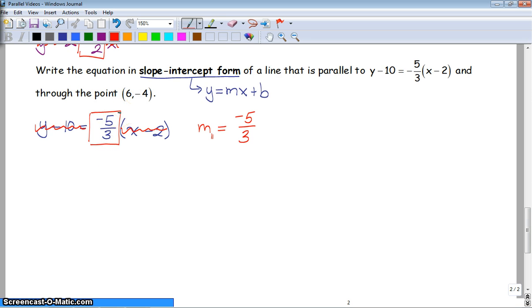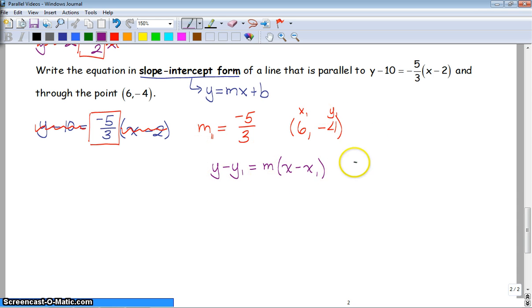Then the only other piece of information they give me is a point, 6, -4. If you want to, again, you can label this x1, y1. But since I'm only given a slope and a point, I have to start finding my answer by using point-slope form, which means I start using y minus y1 equals m times x minus x1.